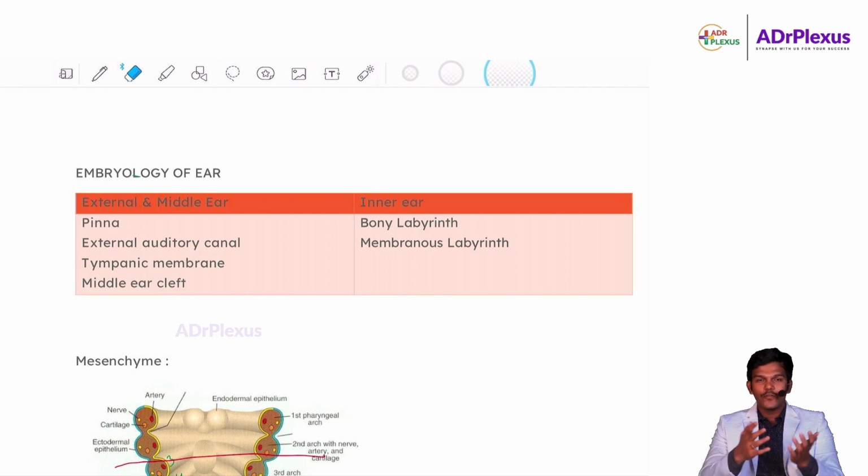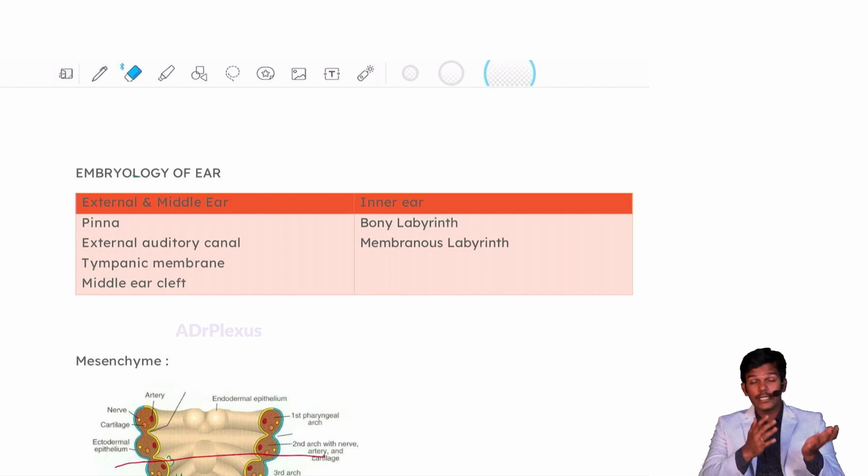Now, before learning about the embryology of the ear, evolutionary wise, this ear is very important, because previously some basic species didn't have an external ear and middle ear. Inner ear is mainly responsible for balance only. So the hearing mechanism is well developed only in humans. Some precursors of human beings don't have well developed hearing.